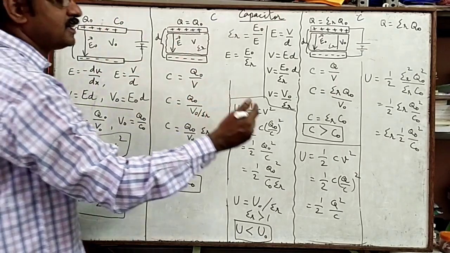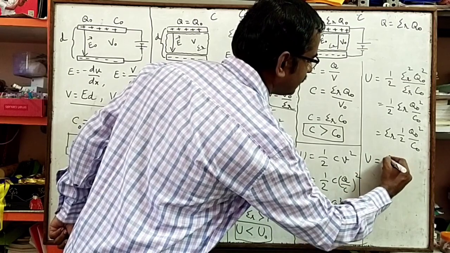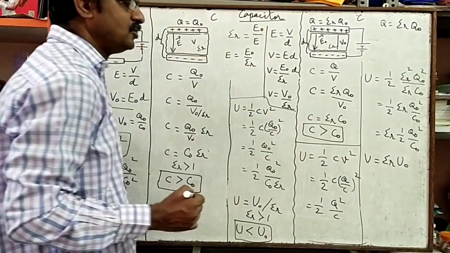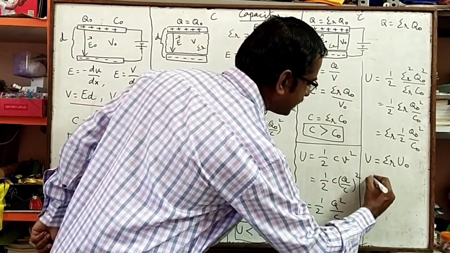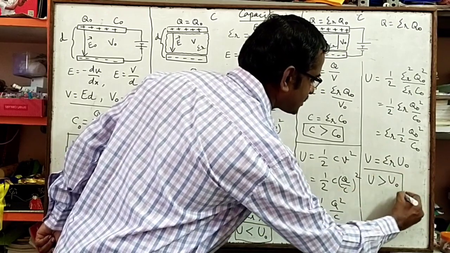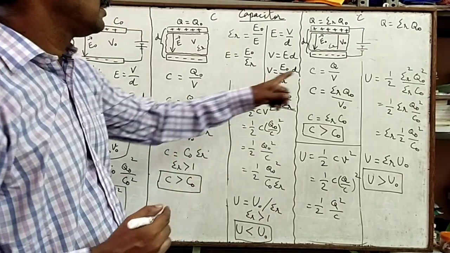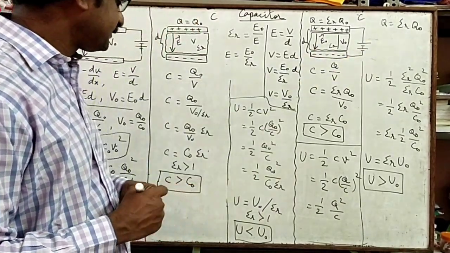So we can substitute it there. Then you get U is equal to epsilon r times U naught. Epsilon r value is always greater than 1. Therefore, we infer that U must be greater than U naught. Electrostatic potential energy of the capacitor increases when a dielectric is introduced and the battery is also there.